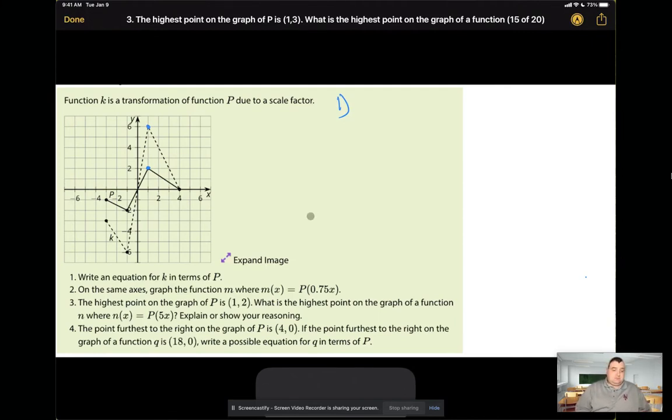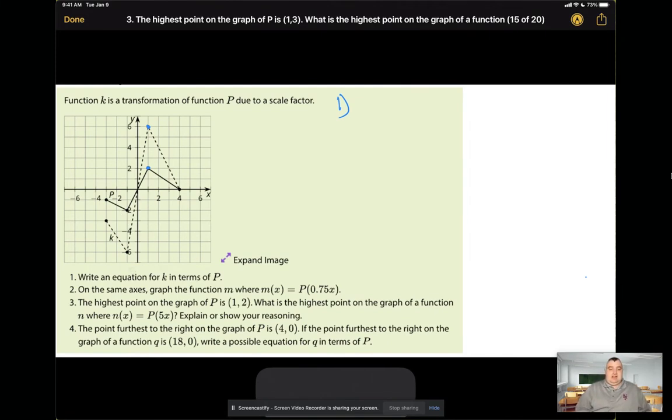Okay. So to figure out that constant, I decided to look at the high points right here. So the high point of P is at y equals 2, and the high point of K is at y equals 6. So to go from 2 to 6, that would be multiplying by 3. Okay? And then down here, going from -2 to -6 would also be multiplying by 3.